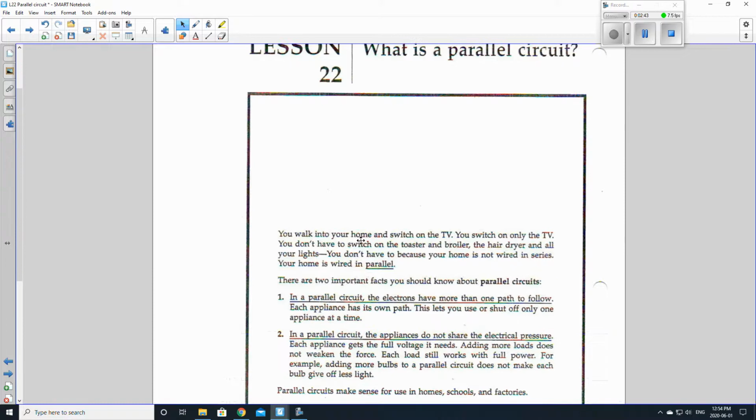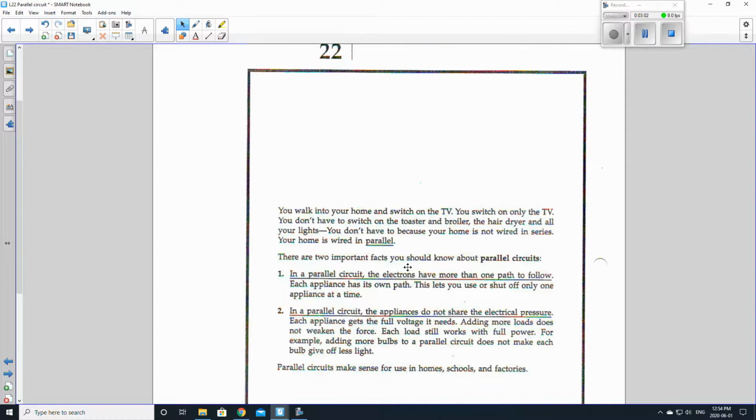You walk into your home and switch on the TV. You switch on only the TV. You don't have to switch on the toaster and broiler, the hair dryer, and all your lights, because your home is not wired in series. Your home is wired in parallel. There are two important facts you should know about parallel circuits.